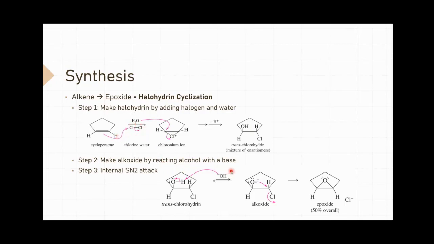You'd also need to react it with a base, to make this alcohol into a nucleophile that will attack itself. So it's more of an internal SN2 attack if you use this mechanism.